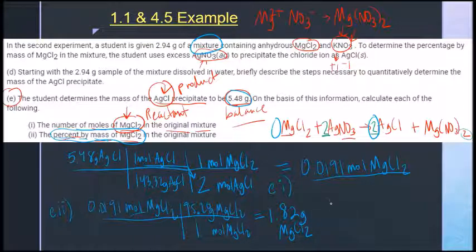Now percent by mass, remember, is like part over whole times 100, because we're talking about a percent here. So in this case, the part is going to be the grams of the magnesium chloride. What is going to be the whole that we need to divide by?